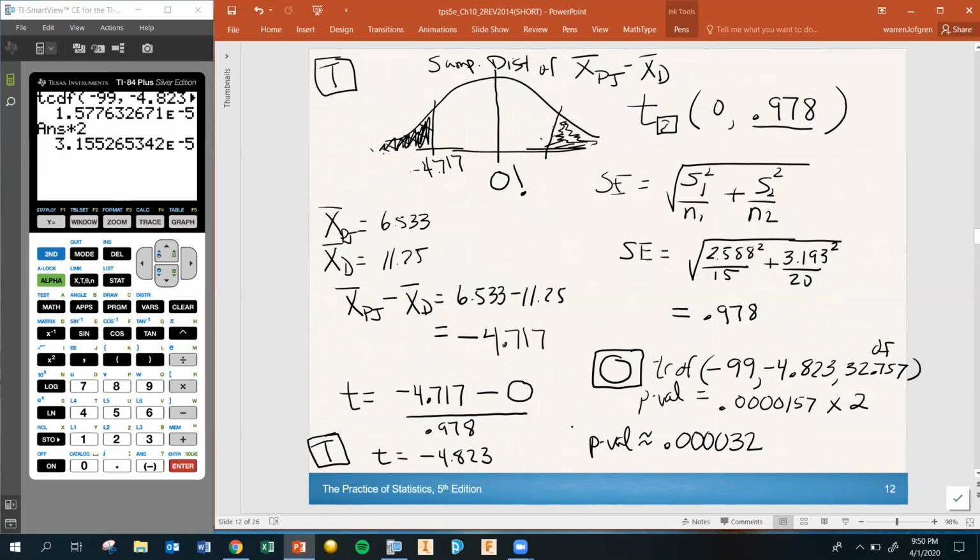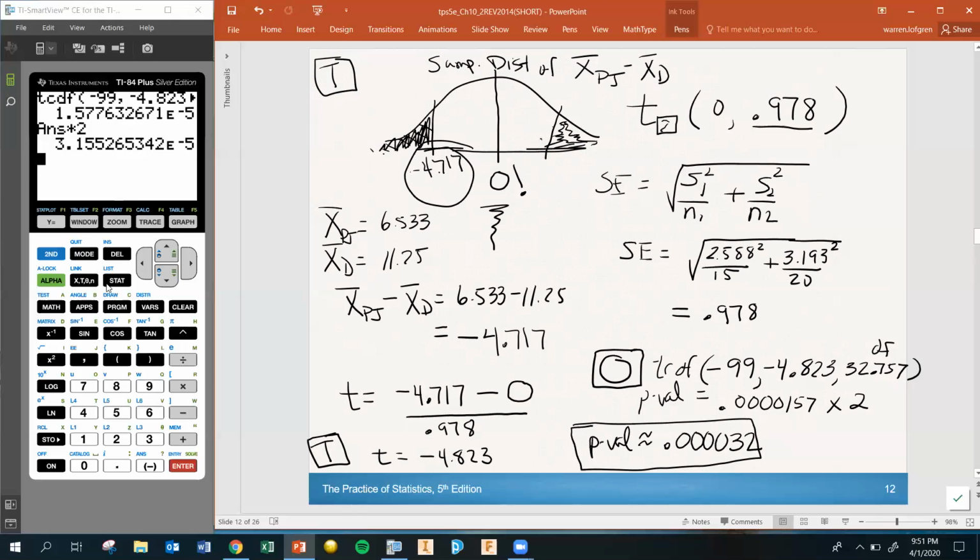So whatever you know about this p-value, you know that it is super small. So that's a very, very unlikely result to get. That's a very, very small difference if the truth is that Papa John's and Domino's have the same mean fat amount in their pizzas.